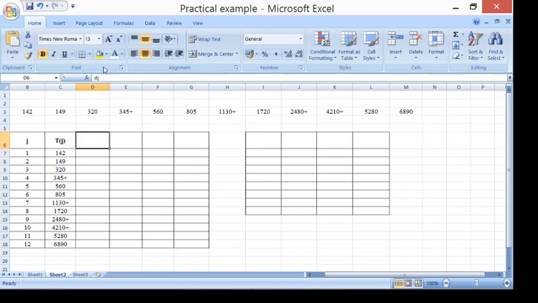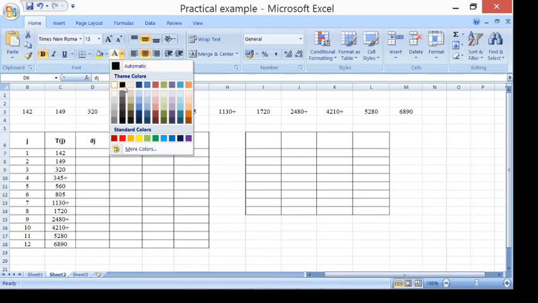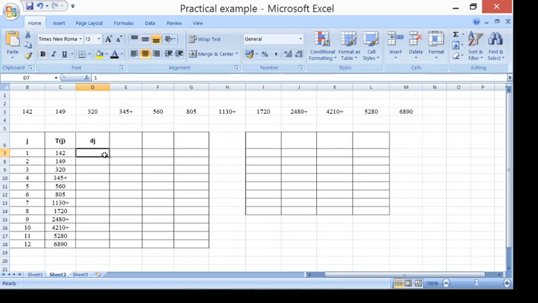So we'll have one column which will count the number of deaths. 142 is the first observation, and that observation is a complete observation. It means that a component failed at time point 142, and therefore we write 1, because at this specific time point we have one failure, so D1 will be 1.